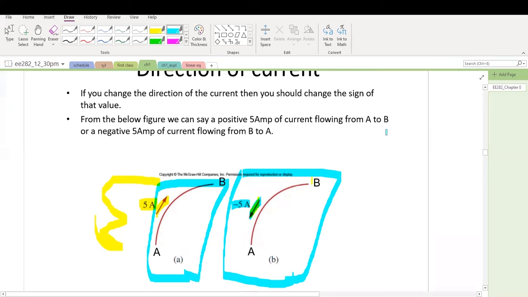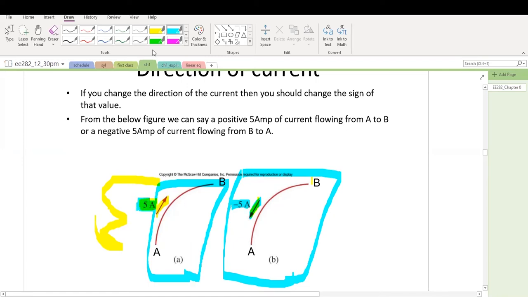One of the common questions I normally receive is, which direction am I going to assign? If I assign the direction from B to A, it's not correct. Let me answer that: any direction you assume for the current is correct. Any direction you can assume, but you need to specify correctly the quantity.